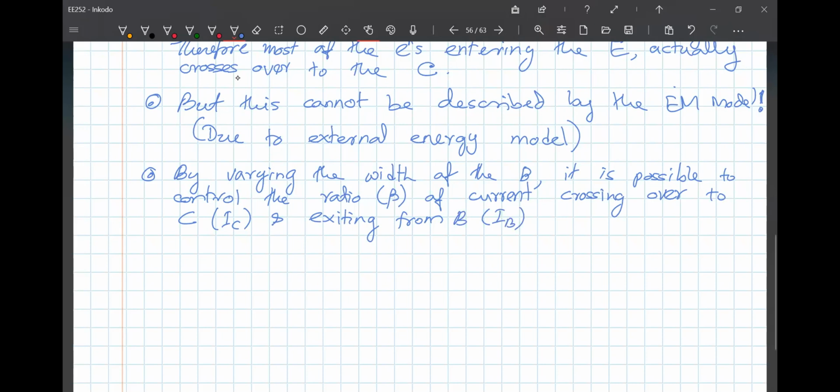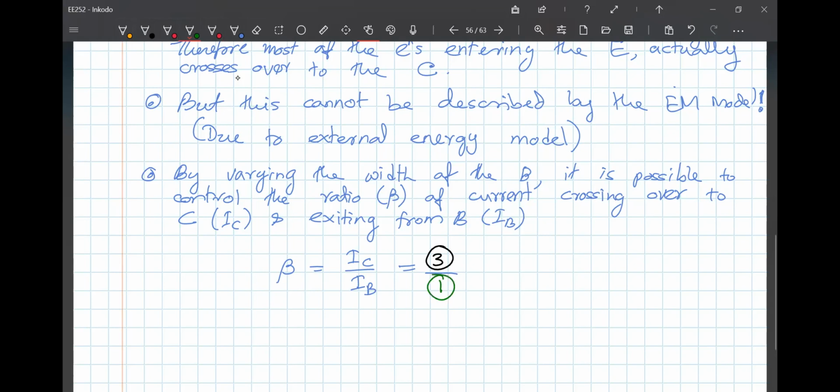So we can model this external energy model as beta equal to IC divided by IB. Okay, so this is basically nothing but the ratio of 3 above divided by 1.